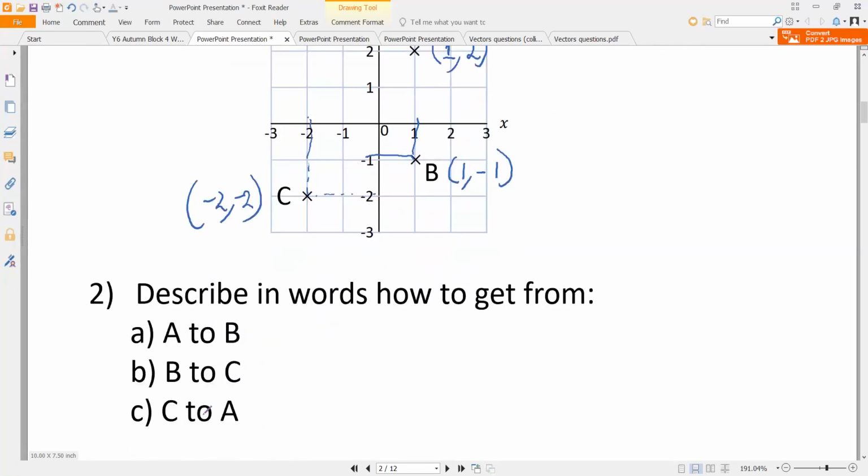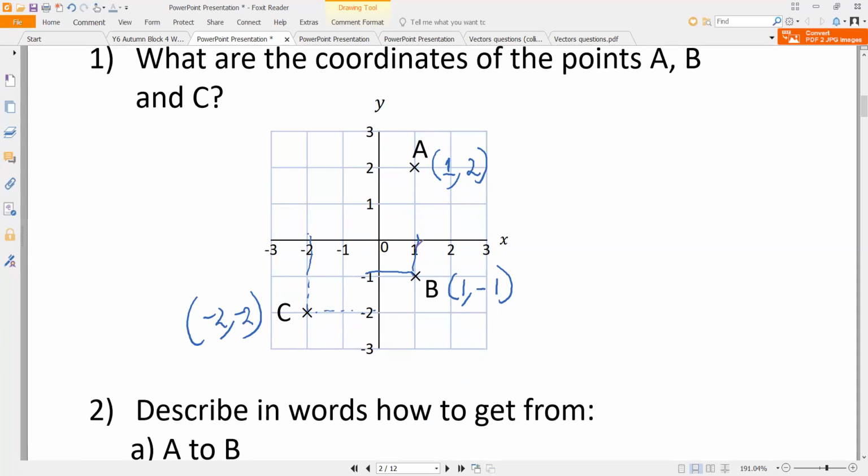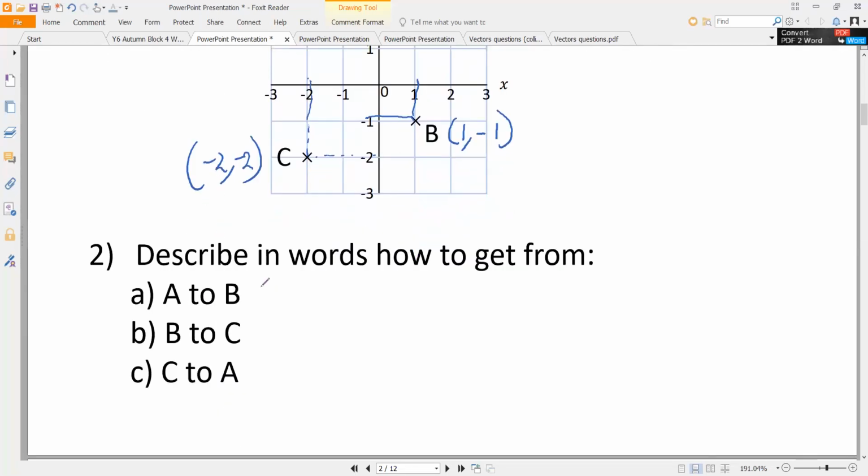Now, it says describe in words how to get from A to B. How do you get from A to B? Look at this. From A to B, we did not move horizontally. We only moved from A 3 steps down. So as you can see, no side movements.